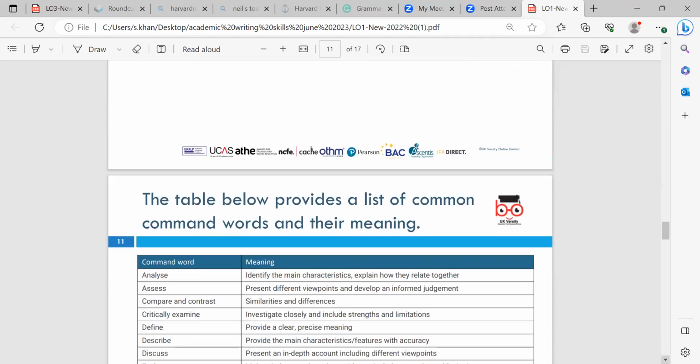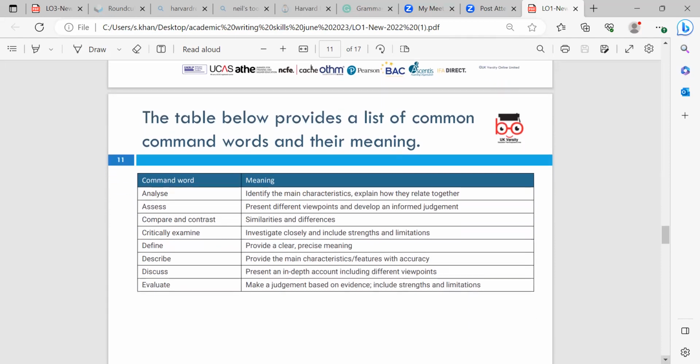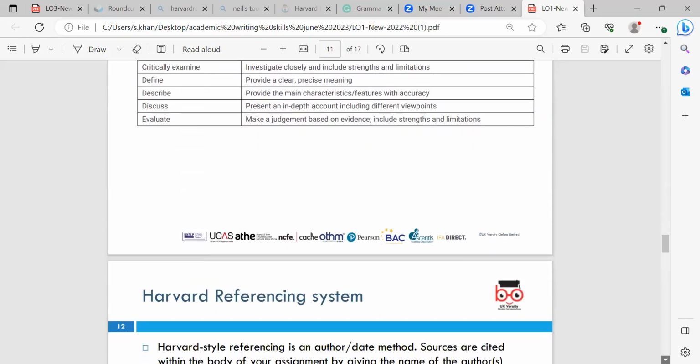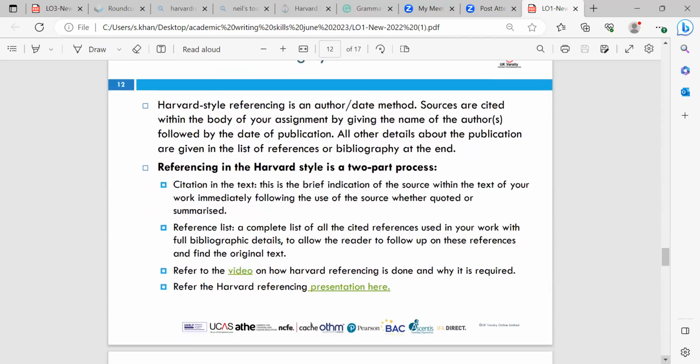Then we looked at a list of common words that we use: analyze, assess, compare and contrast, critically examine, define, describe, discuss and evaluate. And these are the ones that you will use when it comes to it, if anyone asks you a question, it'll be around that. Then we looked at the importance of Harvard referencing, why it's needed to cite things, why it's needed in regards to doing Harvard referencing.